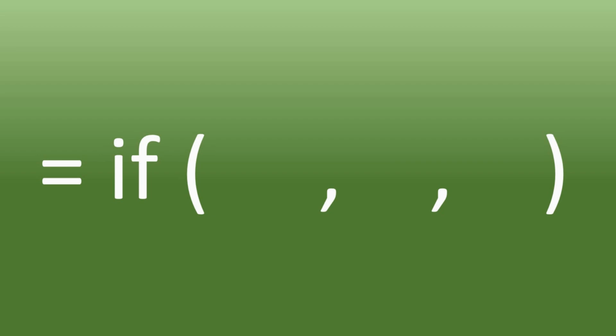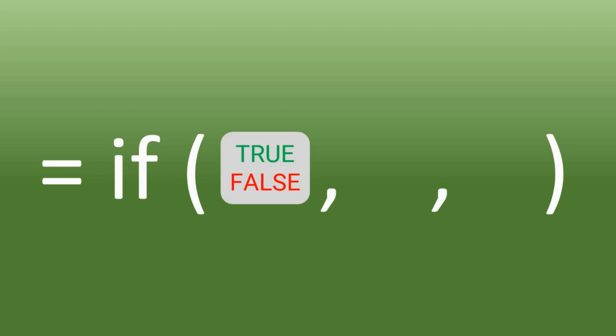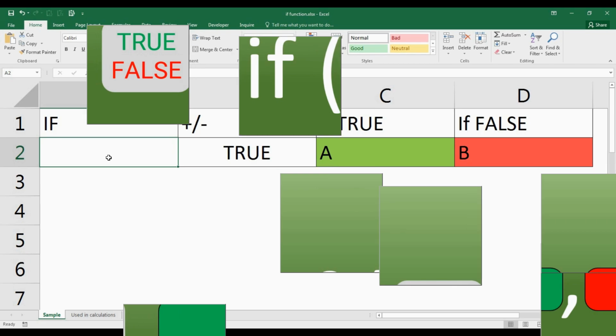As you can see from this graph, we are going to have three elements. First one is going to be a statement that should be returning true or false results. The next parts are going to be one for true and one for false. Let's learn this by a simple example.